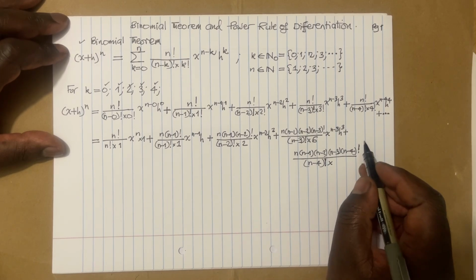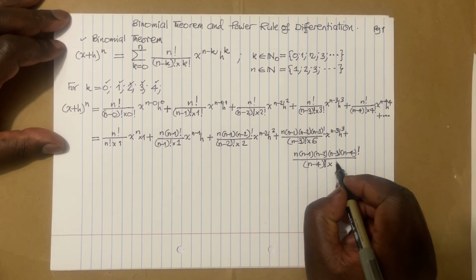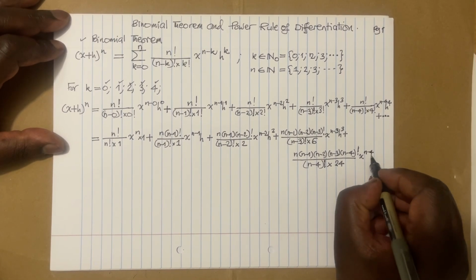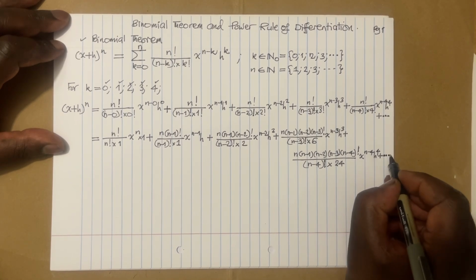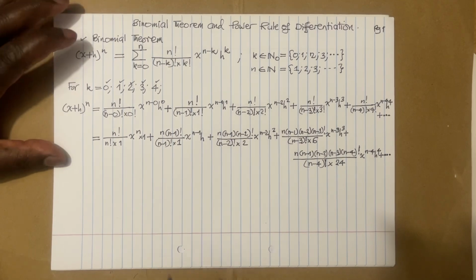If you remember, 4 times 3 times 2 times 1 is exactly 24. So this is times 24, and then we have x power n minus 4, h power 4, plus 1, 2, 3. In other words, the terms continue. Right, now let's simplify what we see here.